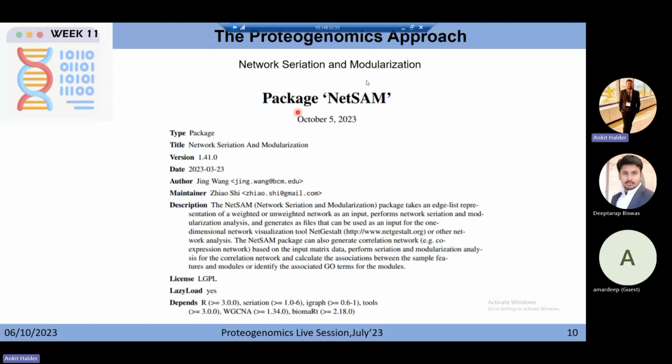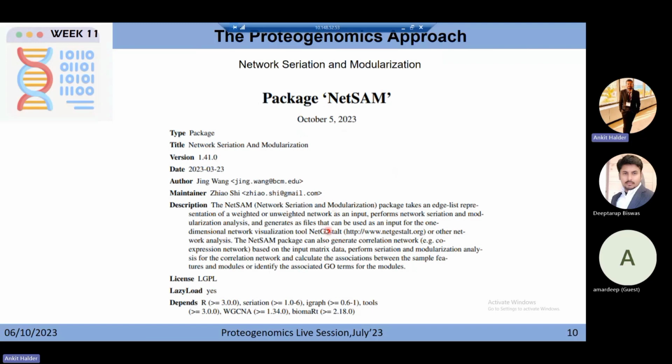If you go through the documentation of NetSAM, the network serialization and modularization package, it takes an edge list representation of a weighted or unweighted network as an input, performs network serialization and modularization analysis, and generates a file that can be used as an input for the one-dimension network tool, that is NetGSalt, or other network analysis. We will be looking at WebGSalt at the end of the class today.